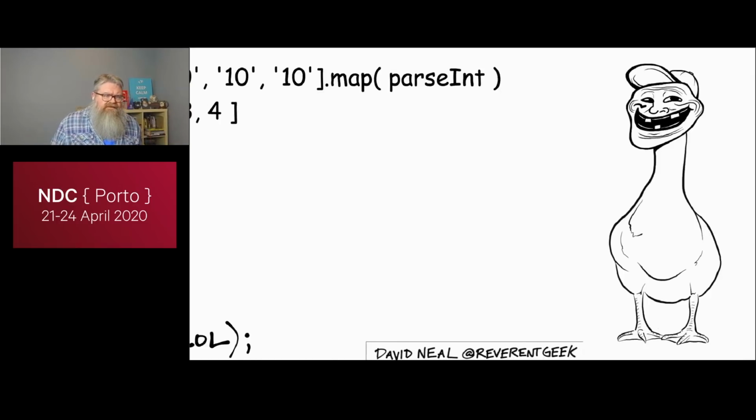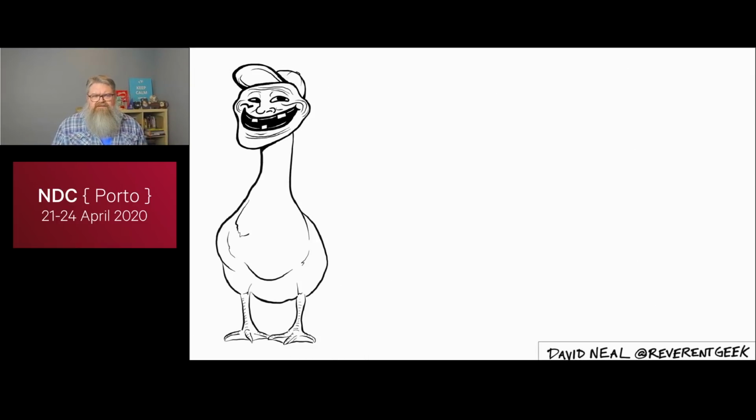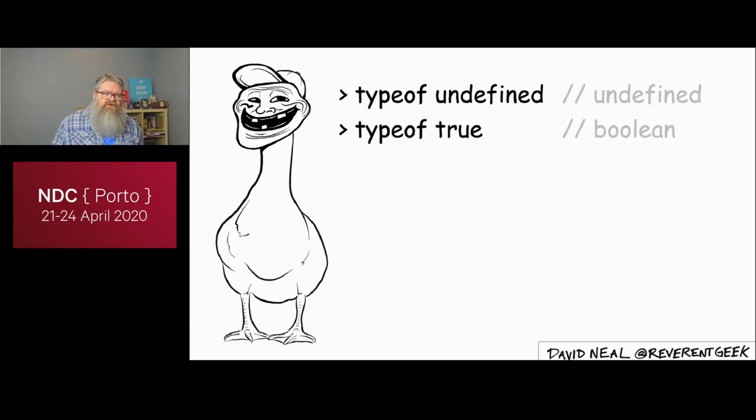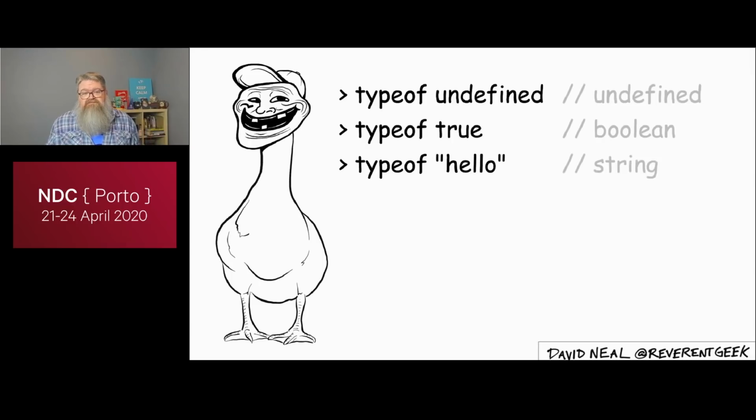Thanks, JavaScript. And then there are types inside JavaScript, and there's this typeof operator that helps us determine what these types are. So if we say, what's the type of undefined? It's undefined. Type of true, that's a Boolean. Type of string, it's a string. So far, so good.